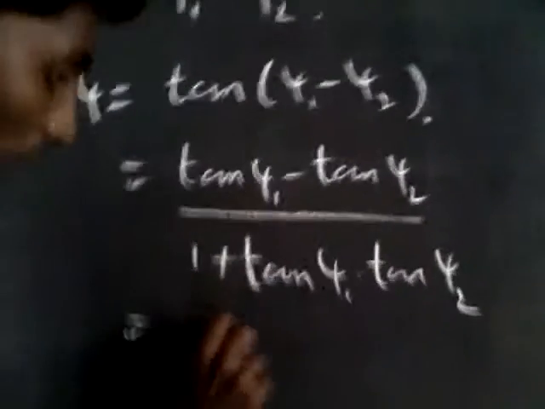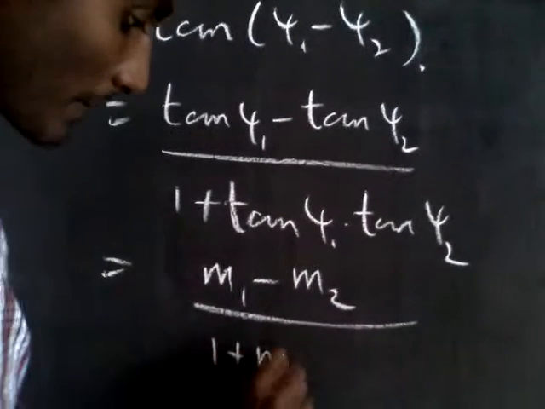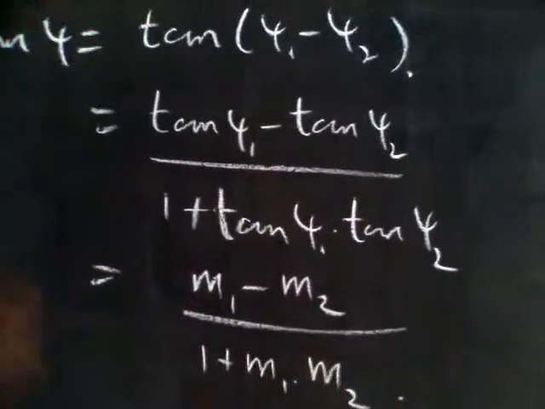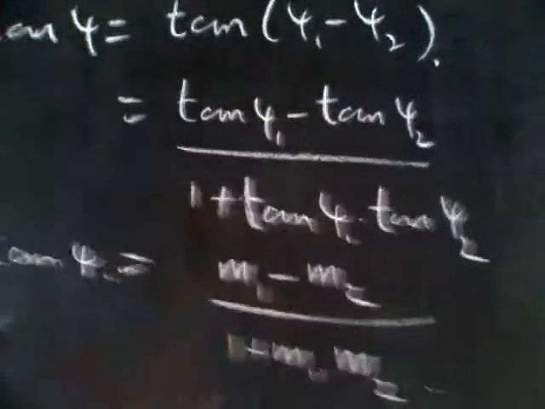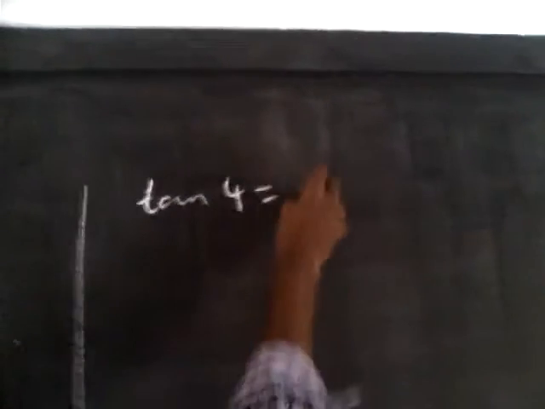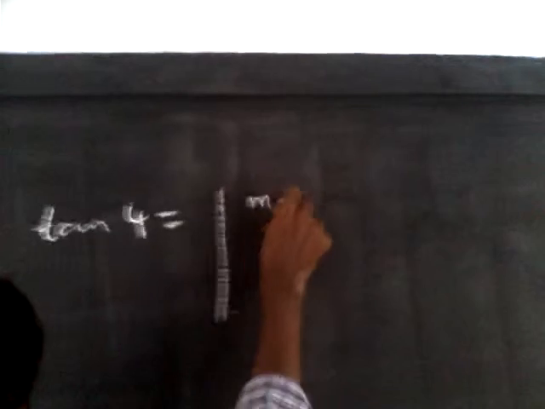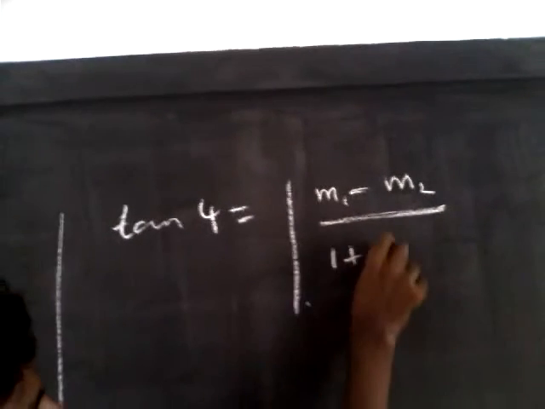So this is m1 minus m2 divided by 1 plus m1 into m2. Combining both the cases, tan psi is equal to the absolute value of m1 minus m2 divided by 1 plus m1 into m2.